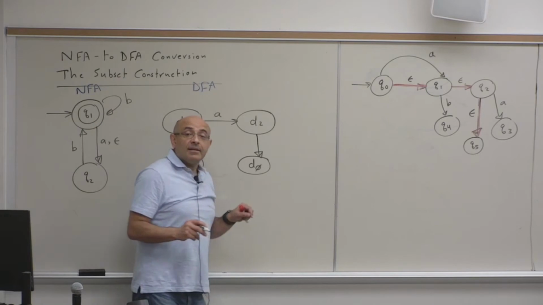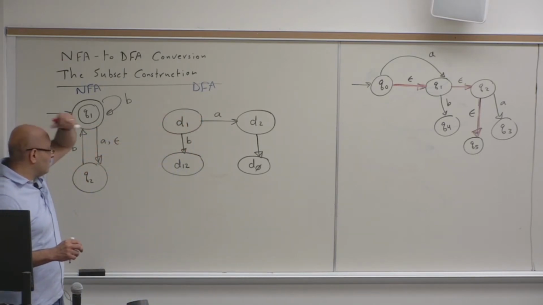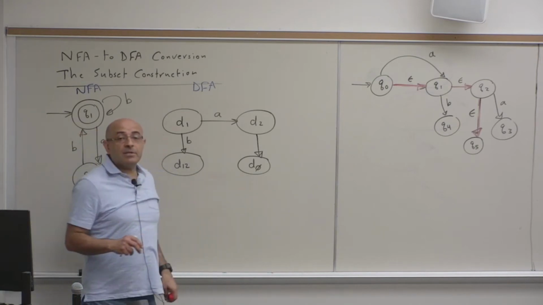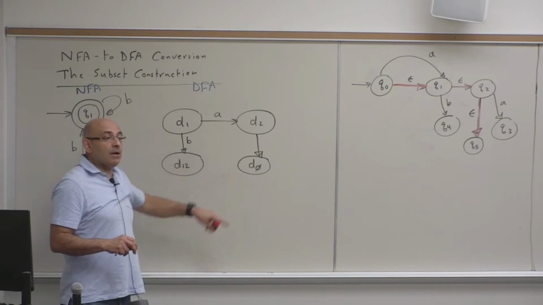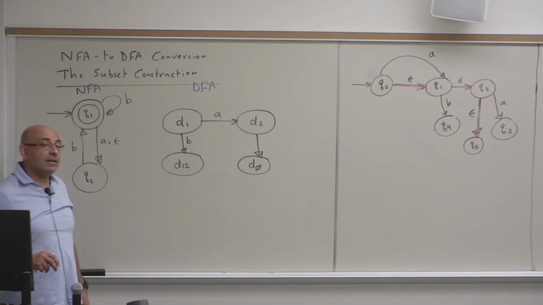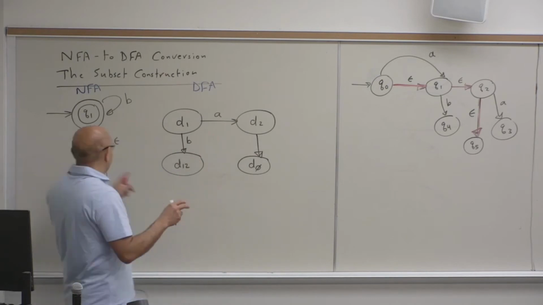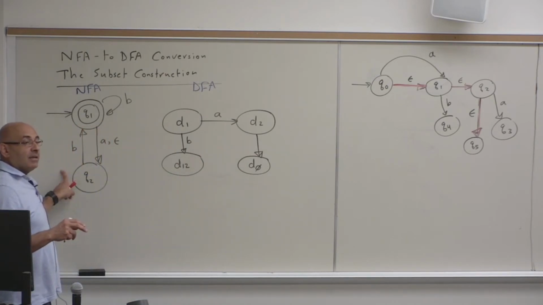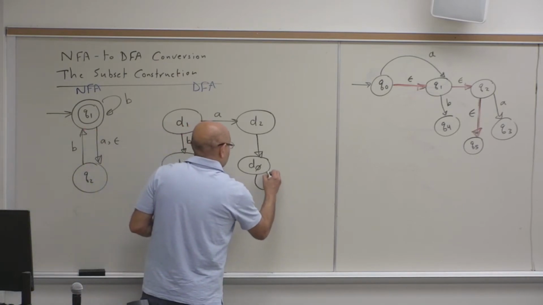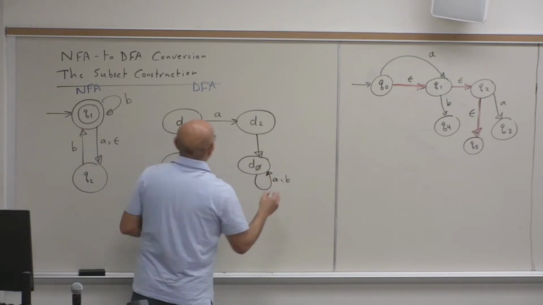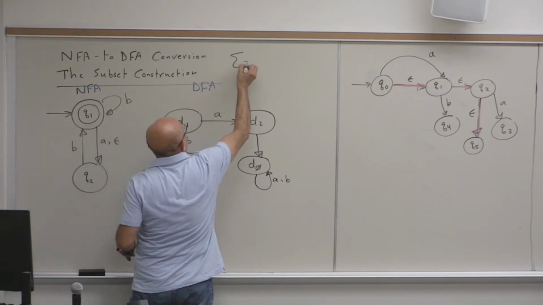So in fact, in the final DFA that we will be constructing, this D5 will serve as a trap state. Because obviously, there are no transitions out of this D5. Why? Because the empty state does not appear in the original NFA. So there are no transitions out of it. Every transition will keep you in D5. By the way, our sigma is AB clearly.